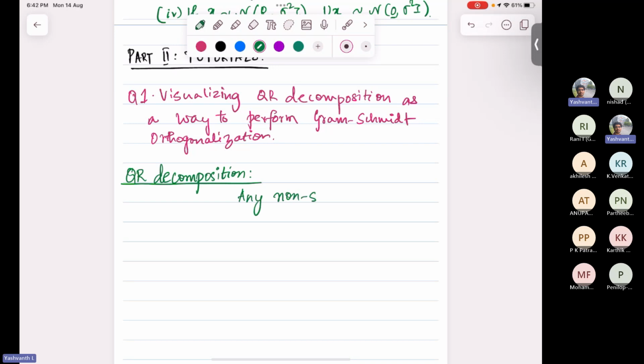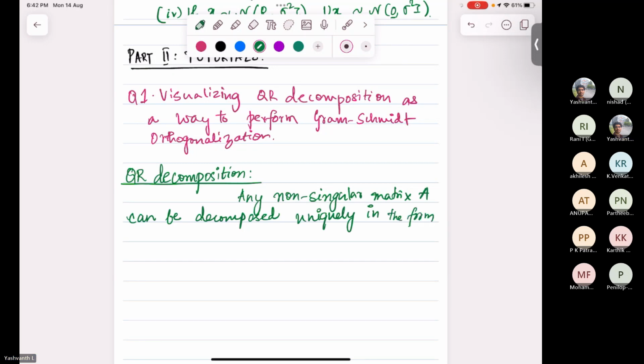Any non-singular matrix A can be decomposed uniquely in the form A equal to QR. Just remember, a matrix is said to be non-singular if the determinant is not 0. That is, you can write any matrix A as a product of two matrices Q and R, such that number one, Q Hermitian Q equals Q Q Hermitian equals I. That is, Q is a unitary matrix.